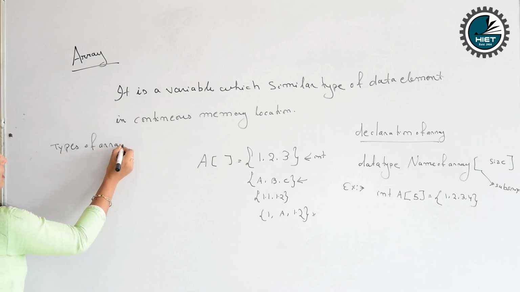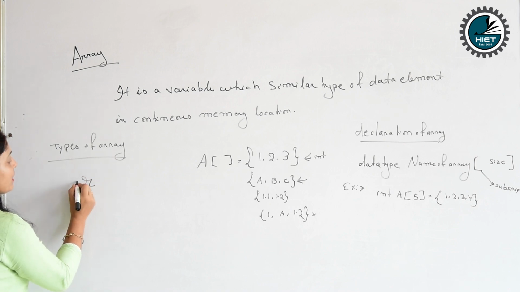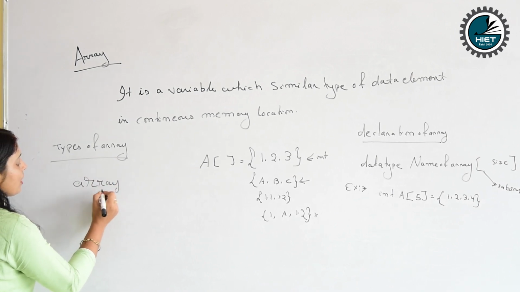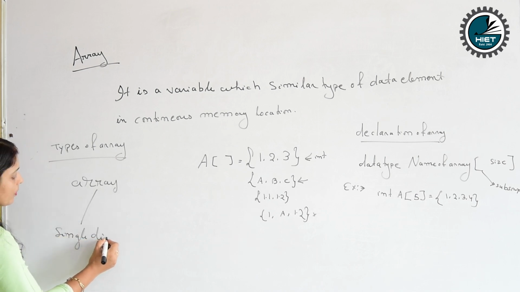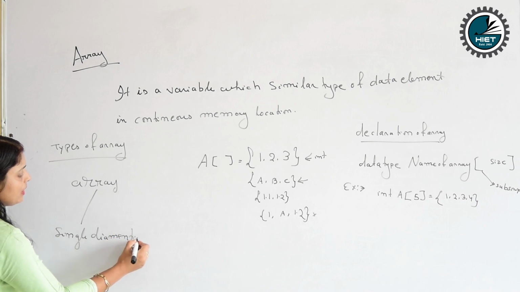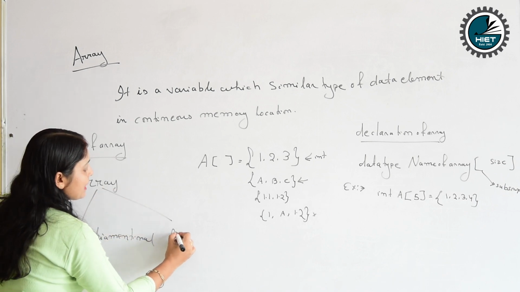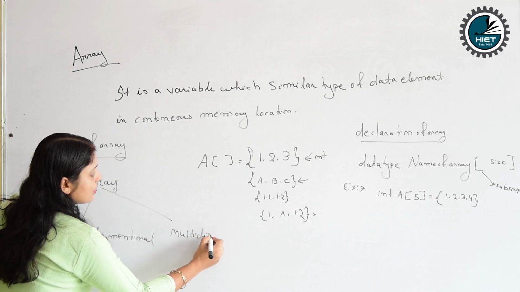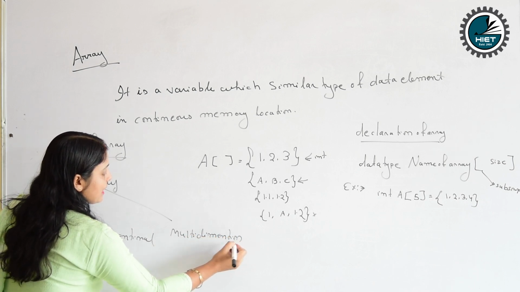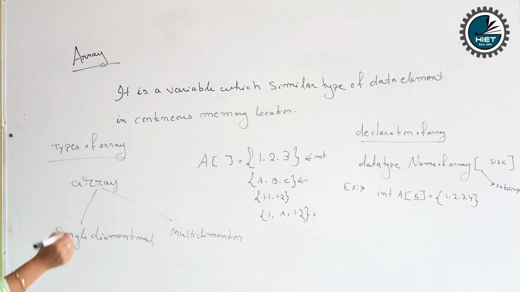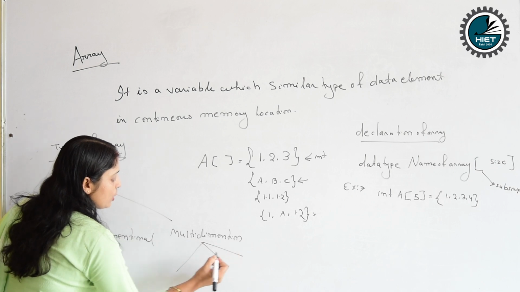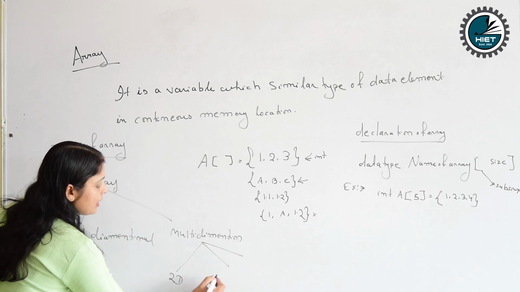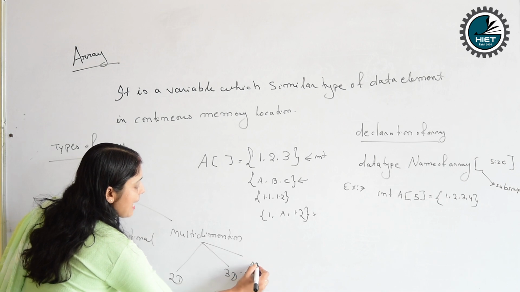Arrays are classified into two types: single dimensional and multidimensional. Multidimensional is again divided into two or more parts, that is 2-dimensional, 3-dimensional and n-dimensional.